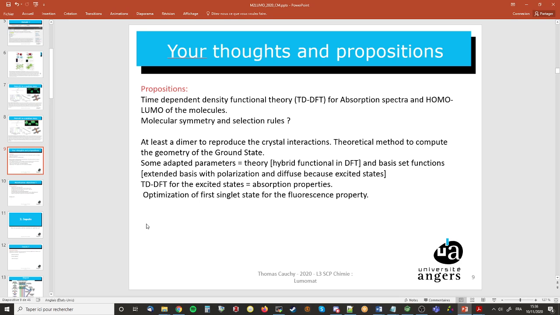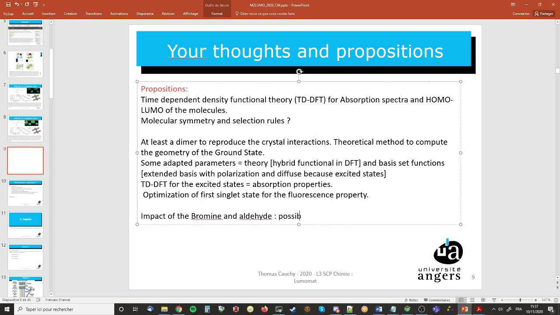We think like group 2, and we also think about the impact of the bromine and the aldehyde function, and we thought that we can try to model the molecules with and without them to understand if the luminescence is due to the interaction between them or not.